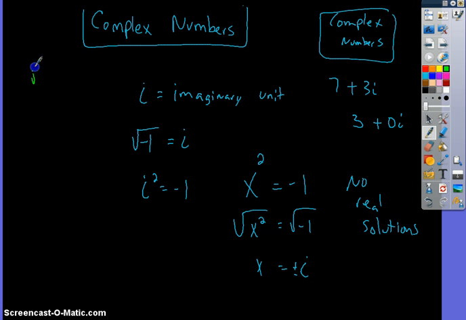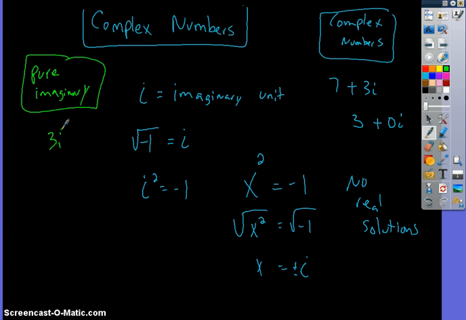There's another set of numbers called pure imaginary. Pure imaginary numbers are numbers with no real part. So if I gave you 3i, that's a purely imaginary number because you have no real number added to it. However, I can also make that a complex number.